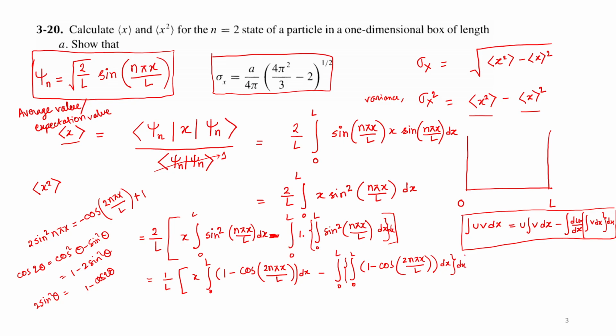Then another dx is still there. So 1 by L, x, and then 0 to L. I'll just solve it right now.